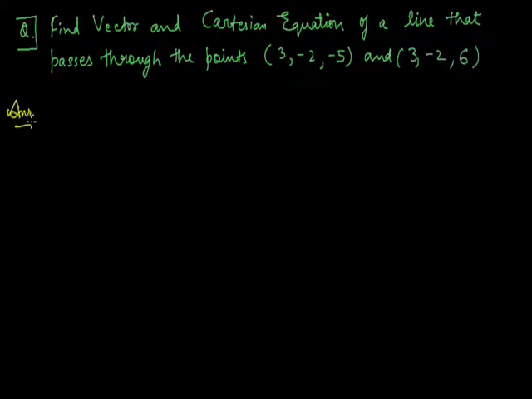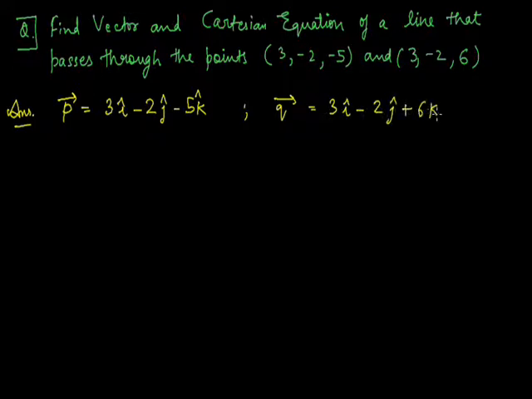Now let's talk about P vector. P vector will be a position vector corresponding to the first point, which will be 3i cap minus 2j cap minus 5k cap. And Q vector is the position vector of the second point, which is 3i cap minus 2j cap plus 6k cap. A parallel vector, that is V vector, is equal to Q vector minus P vector.